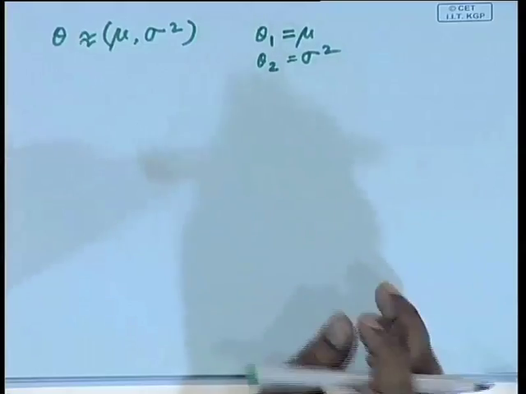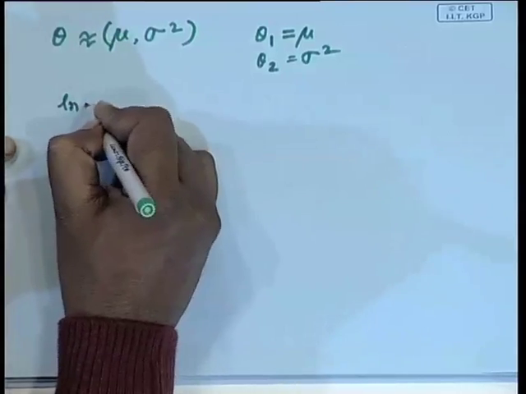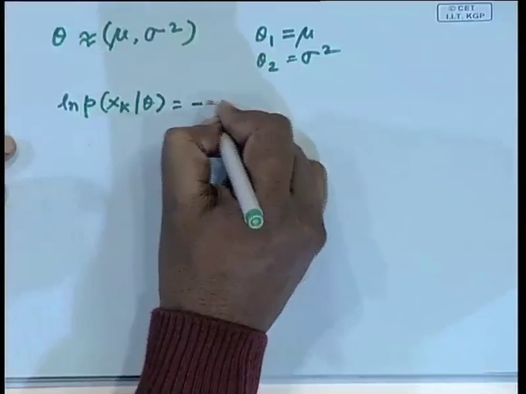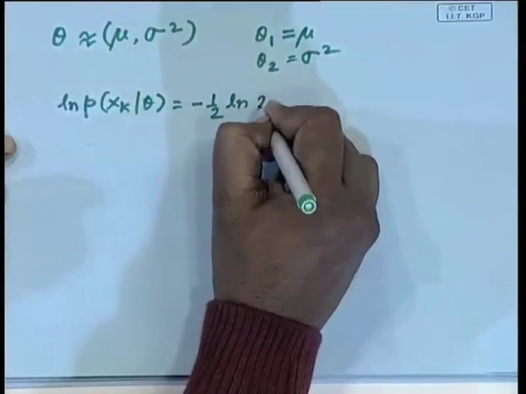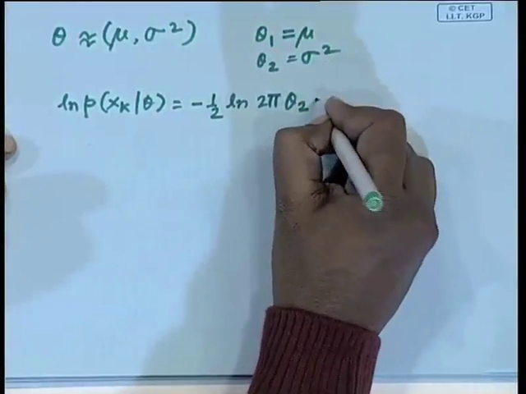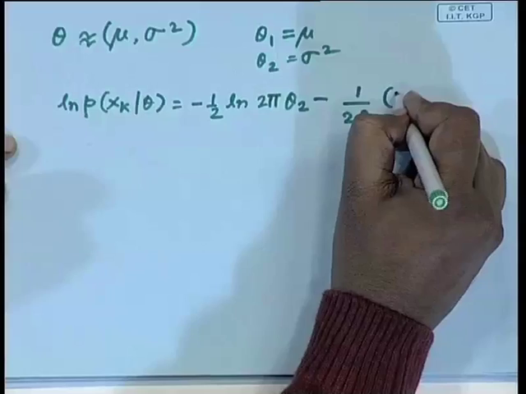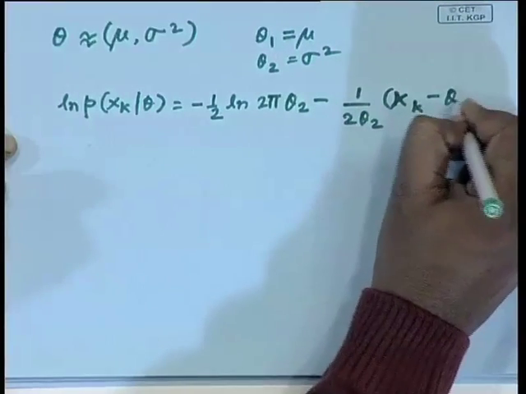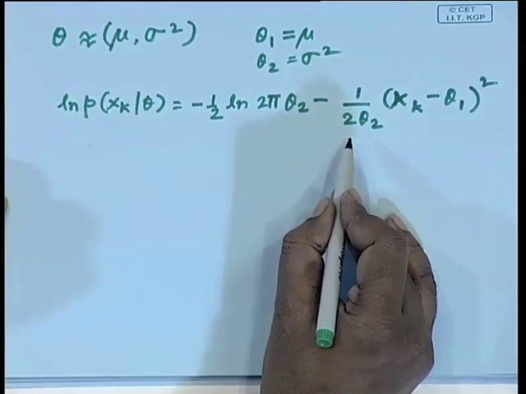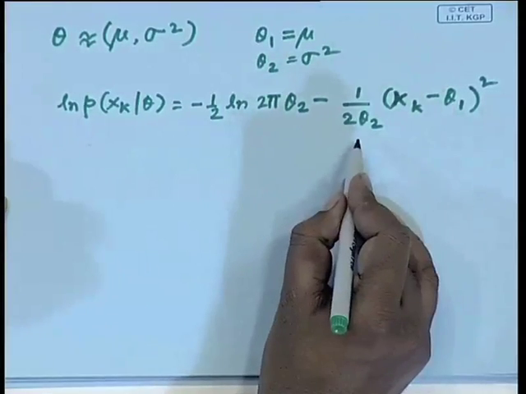Is that okay? Now, over here the same ln p(x_k given theta) is nothing but half of ln(2 pi theta 2), where theta 2 is sigma square, minus 1 upon 2 theta 2 into (x_k minus theta 1) square, okay, because it is exponential of minus (x minus mu) square upon 2 sigma square.